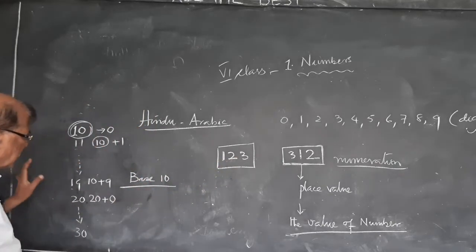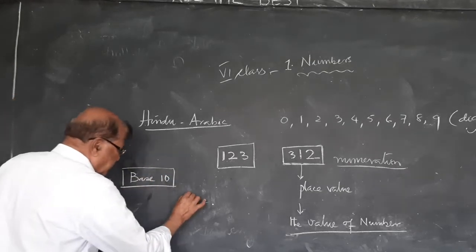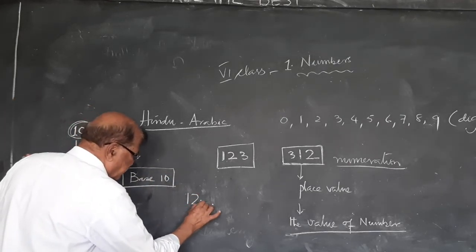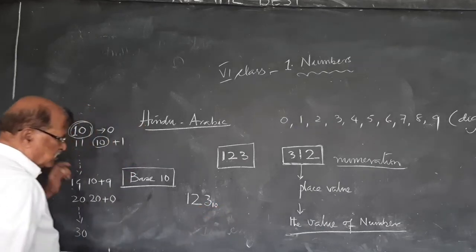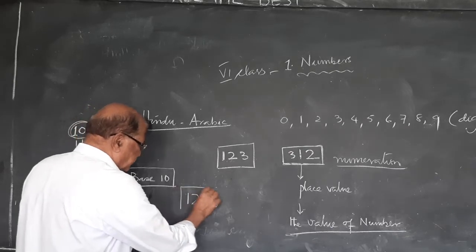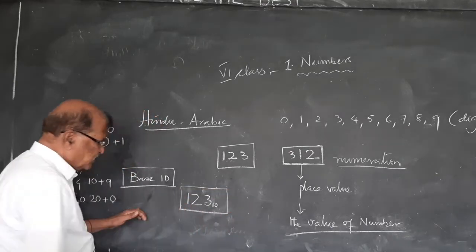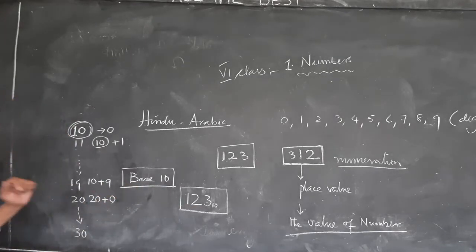So these are all called base 10. Usually whenever you write a number like 123, it is base 10. So this is the decimal system.